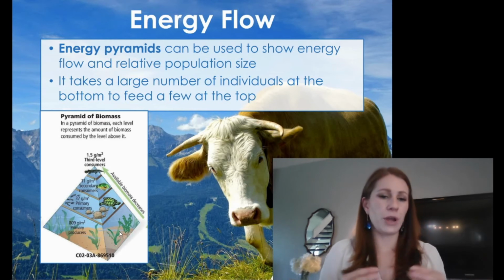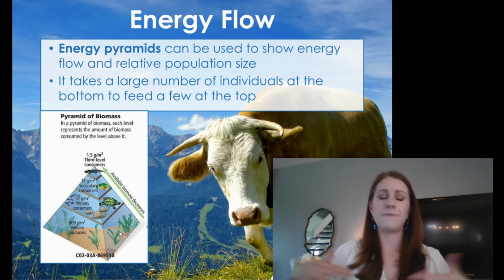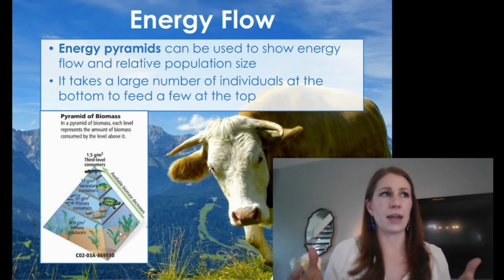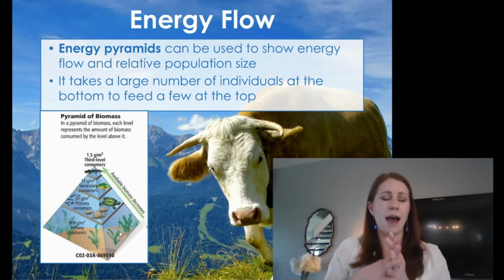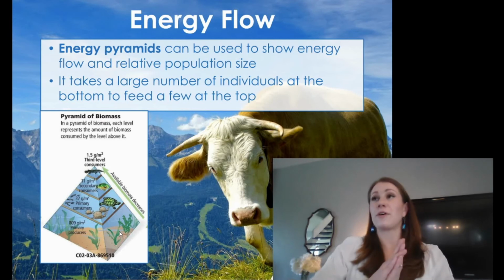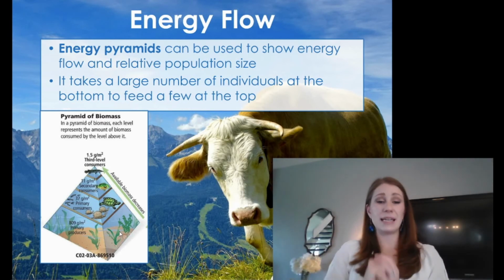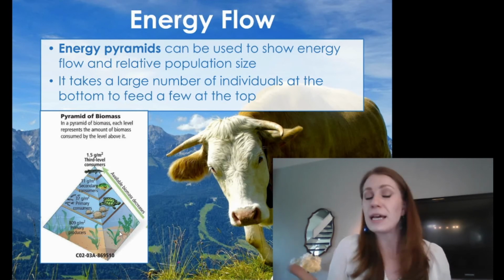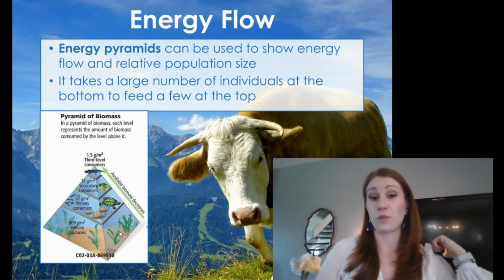So if we are talking about grass, you have to have a lot of grass to feed the consumers above it. This is why you don't have a cow in a pasture that's the size of a living room. They wouldn't have enough grass there to feed them. Instead, they're in these huge pastures, acres and acres of space, because they need a lot of primary producers. They need a lot of greens to feed them. So you have just a larger amount in general at the bottom of the pyramid.